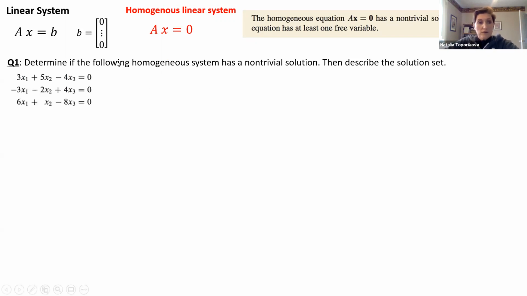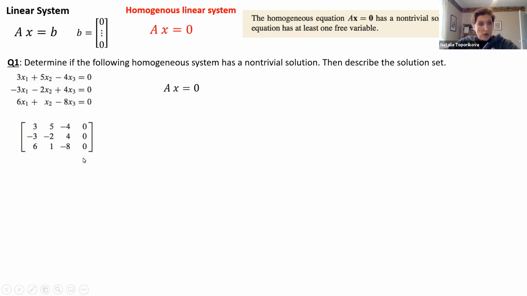Okay, let's look at an example. This is example 1 from the textbook, which you might find challenging, so I will lead you through it. This is the system of linear equations, and the right-hand side of every single equation is equal to 0. So we start by writing it down as a homogeneous matrix system, Ax = 0.